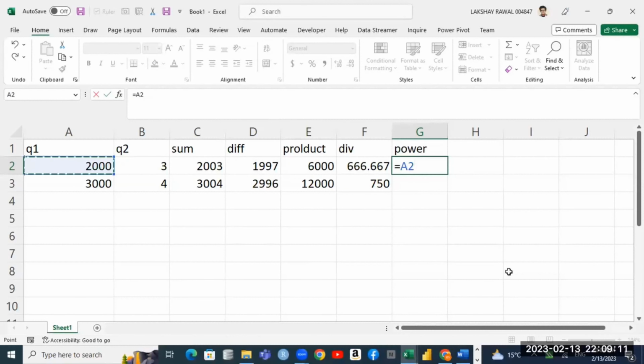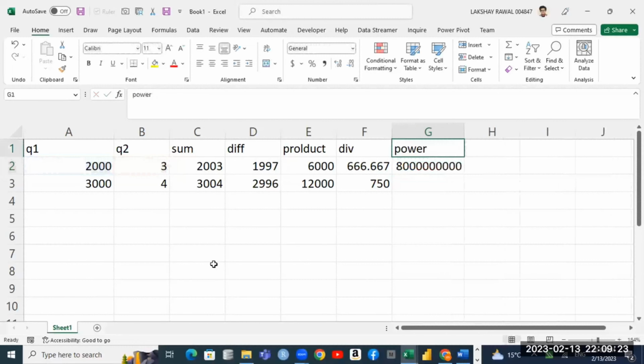It is on number 6. This will help you calculate the power. Let me put a smaller value: 20 to the power 3 will be 8,000.